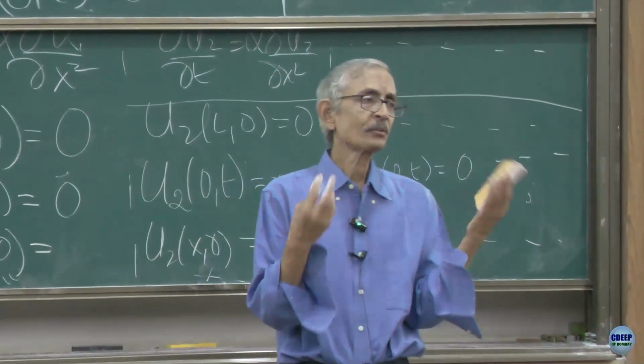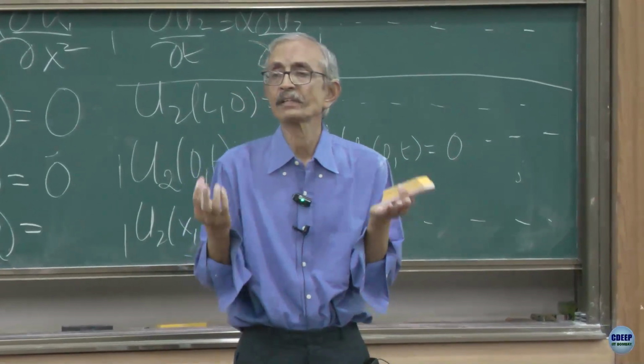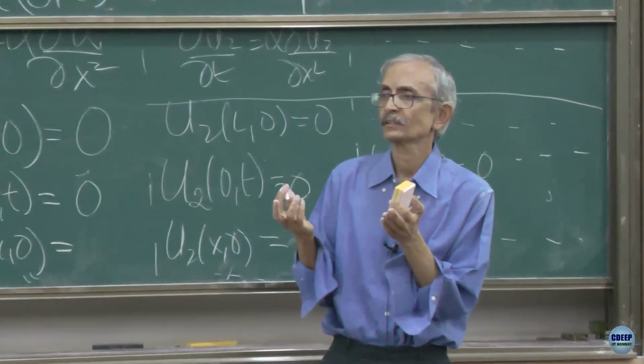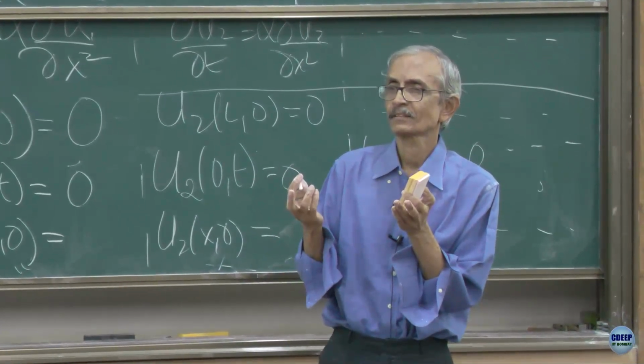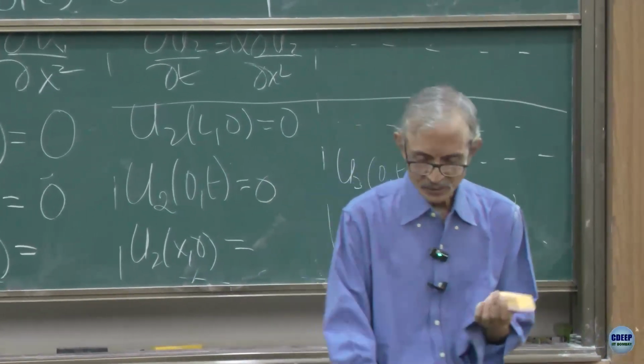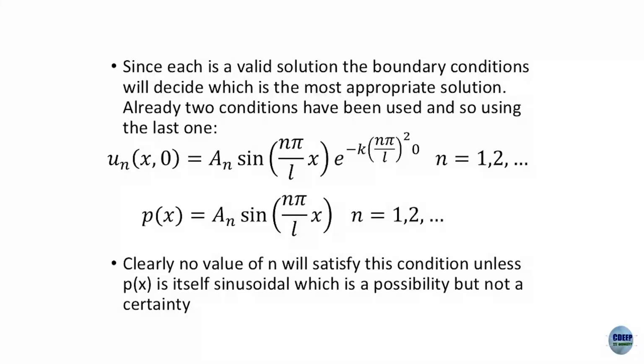And when did we say we get a solution easily? We said that Pn was an sine n pi x by L. And we said clearly any n will satisfy. If p of x is itself a sine function, then it satisfies. So what would be my strategy here to fill these guys?